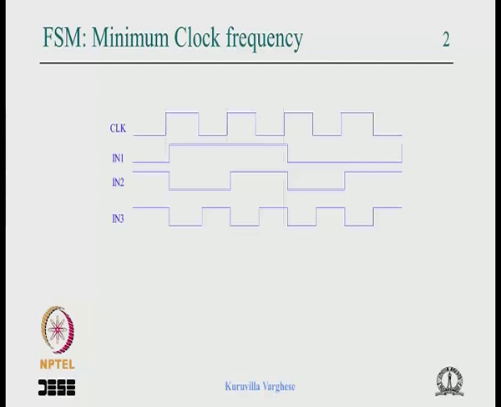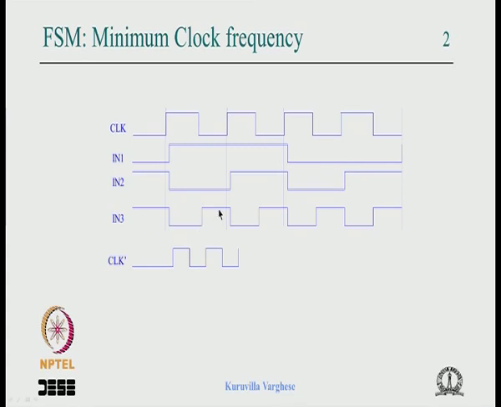So let us look at the last lecture's slides, where we looked at the minimum frequency. We said the main game is, suppose you look at input 3 and put this clock, then we soon find that this clock is not able to detect the change in input 3. So we need at least one active clock edge during that change in 3.